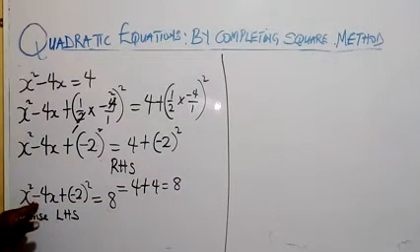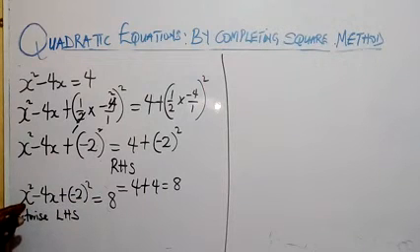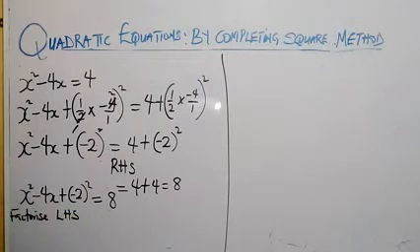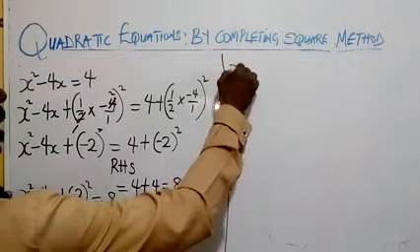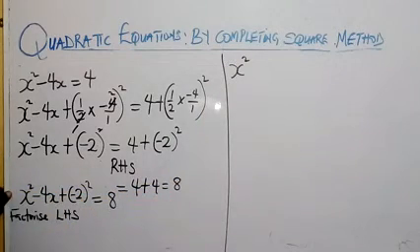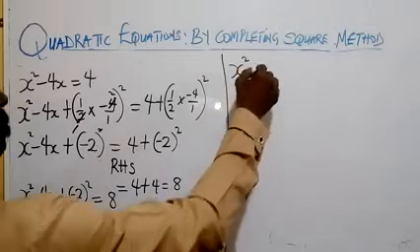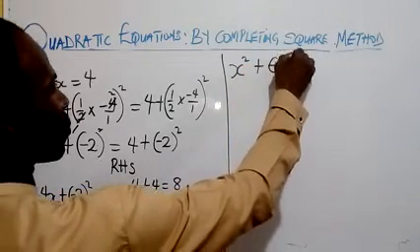So what do we have? Now don't forget, this is a perfect square. The first term, which is x squared, and the last term is also squared, which means it's a perfect square. So we take it out, we have x squared plus minus 2 squared equals 8.